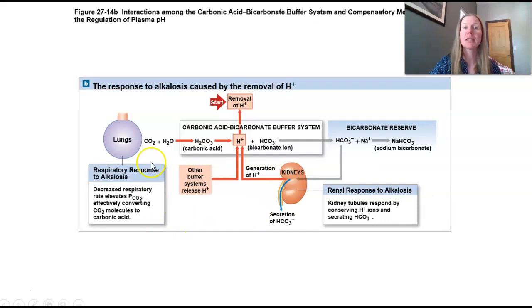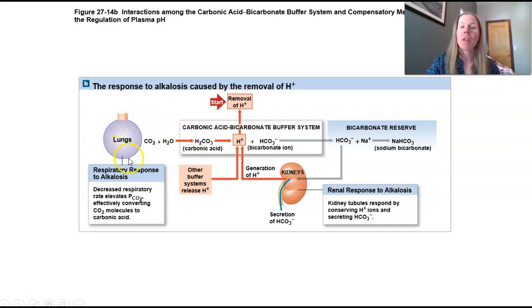The opposite happens if the blood pH climbs and someone is becoming alkalotic. So we're losing hydrogen for some reason, maybe lots of vomiting. We keep losing hydrogen. And so here we're going to see buffer systems giving up some hydrogen, trying to neutralize pH.